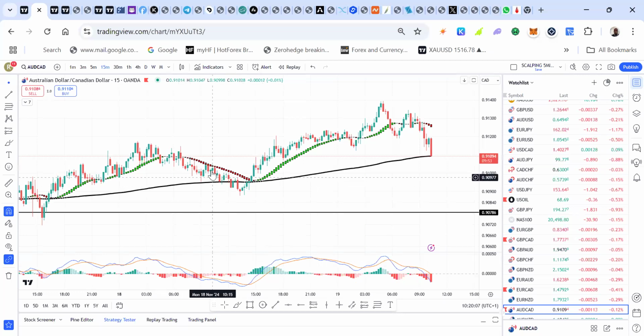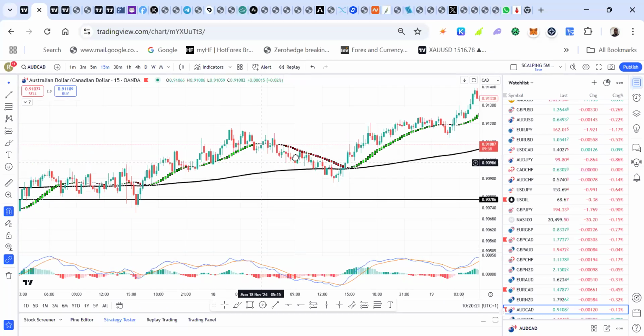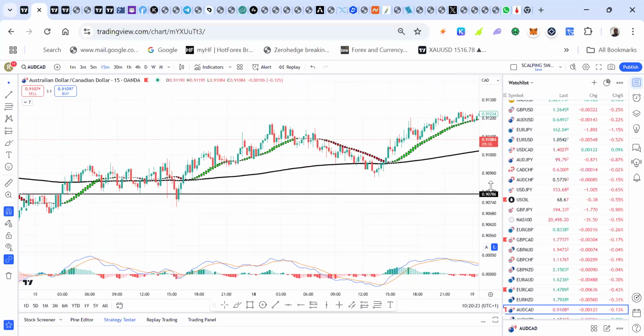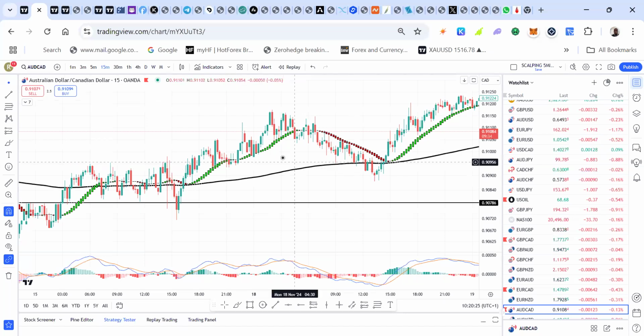The first one is this one that has a green line and red line. Green when it is to buy, becomes red when it is to sell. Now this is called smoothed Heikin-Ashi. All right, smoothed Heikin-Ashi.